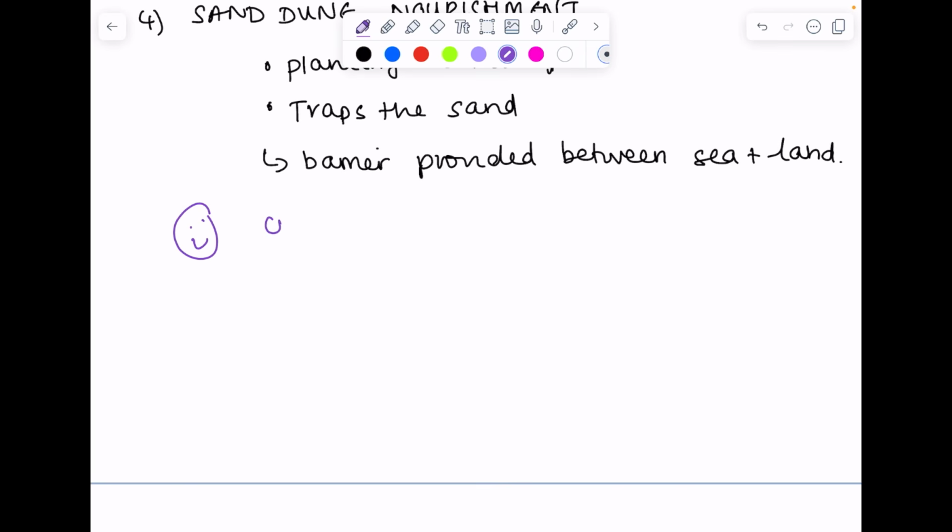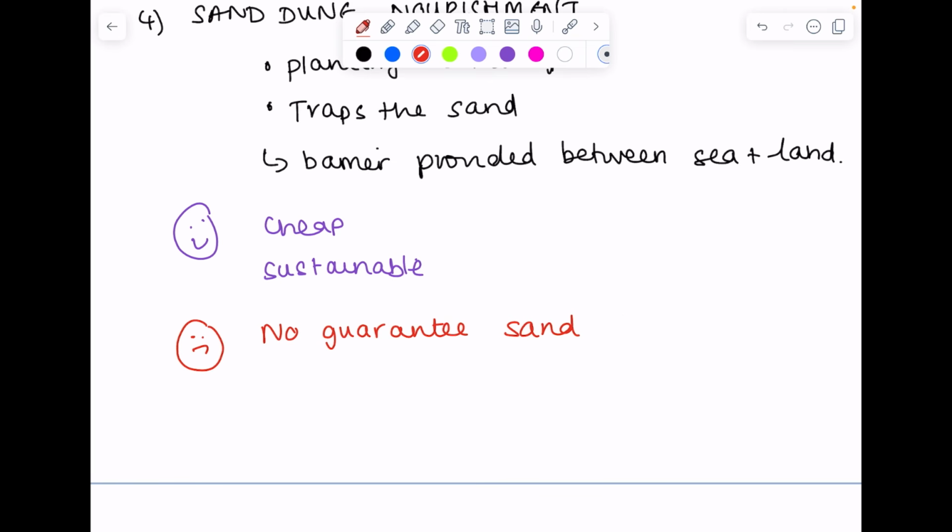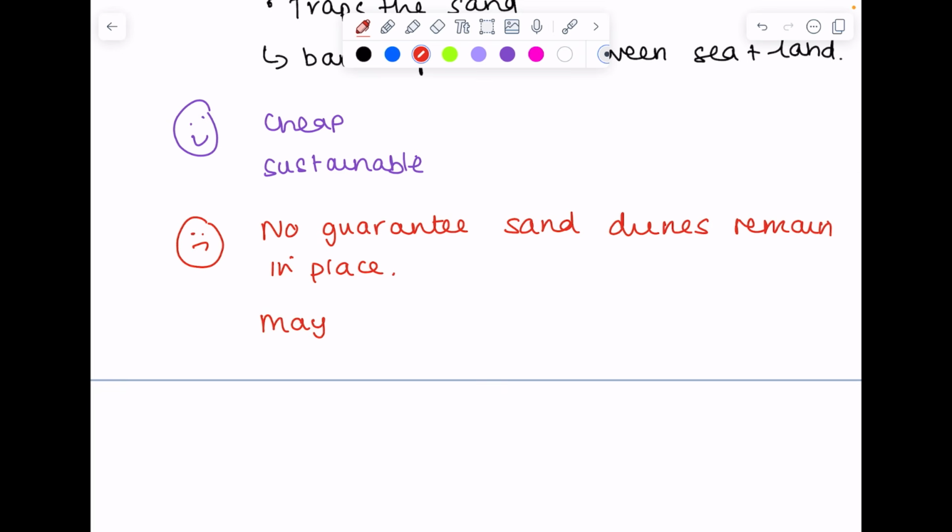It's a fairly cheap process and approach, and again, highly sustainable. Disadvantages, again, there's no guarantee that the sand will remain in place. And they are very, very fragile ecosystems. Sand dunes may be damaged by storms, people trampling, tourist activities.